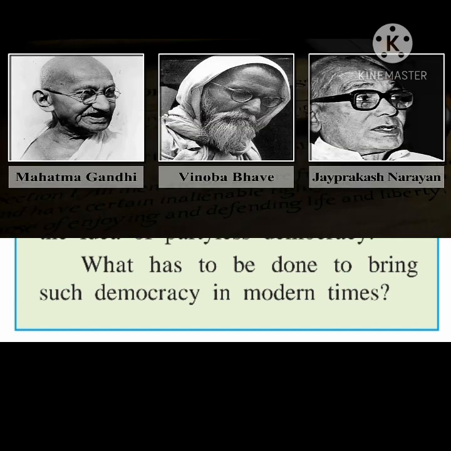It was the opinion of Mahatma Gandhi, Vinoba Bhave and Jai Prakash Narayan. It is believed that in no party democracy, people's opinion has great scope and people's welfare is taken care of. So in order to bring no party democracy, the society should be politically aware and literate.